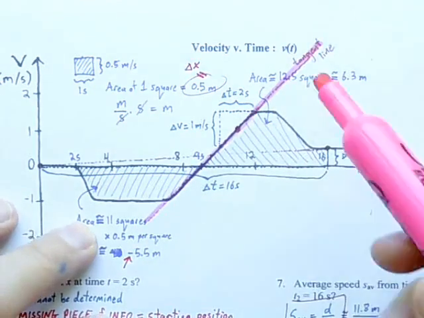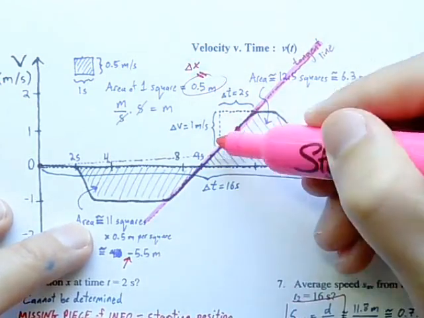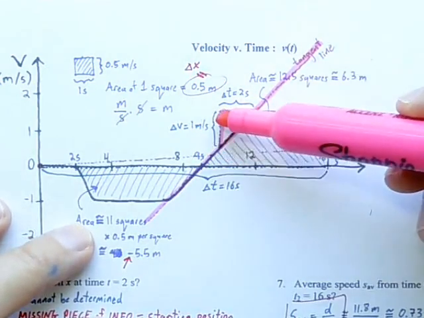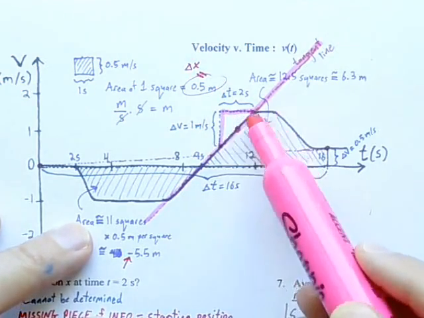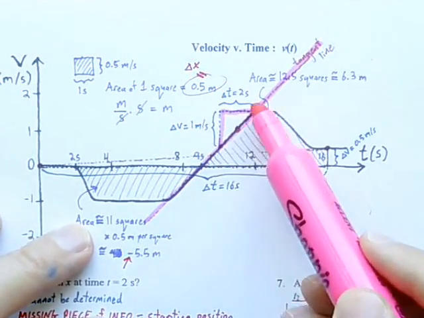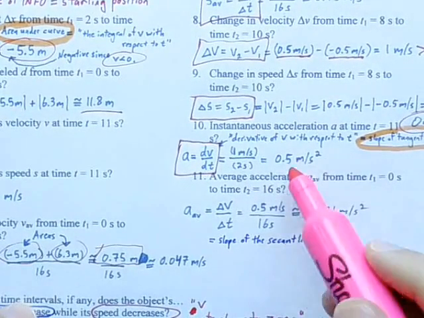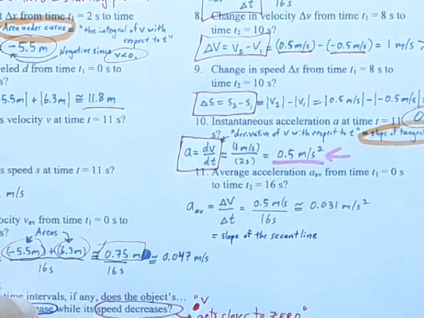The graph was pretty linear during this time, so my tangent line kind of lies right on top of the graph, and then we want the slope of the tangent line. So we go up 1 meter per second, again, check the scale, and then over 2 seconds, so that'll be 1 meter per second divided by 2 seconds. Our slope will be half a meter per second squared. Remember your units and sig figs here.